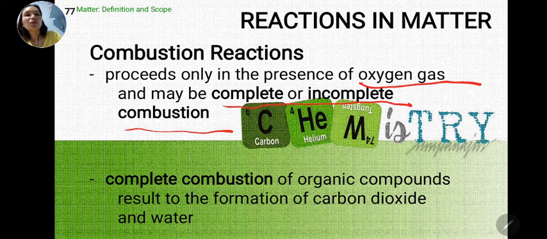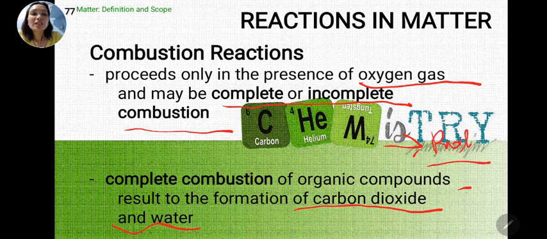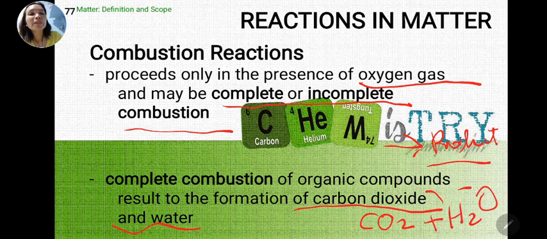Complete combustion of organic compounds result to the formation of carbon dioxide and water. So, kapag nakita nyo sa product, sa end product, na merong presence ng carbon dioxide, CO2, and water, H2O, it means that the reaction is a complete combustion reaction. Okay?